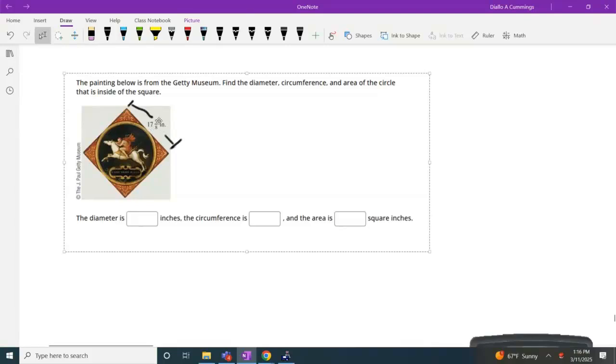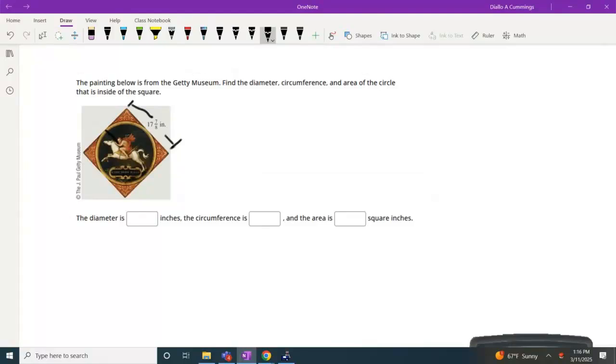So now if you take a look closer, the 17 7/8 inch, that is actually the diameter, right? Because if from here to here is 17 7/8 inch, if I were to draw a line in my painting, I'm going to change the color. Let's say from here to here. That would also measure 17 7/8 of an inch. So this, in essence, is the diameter.